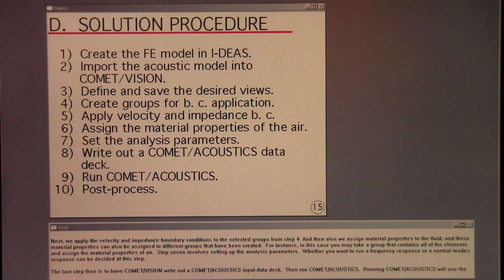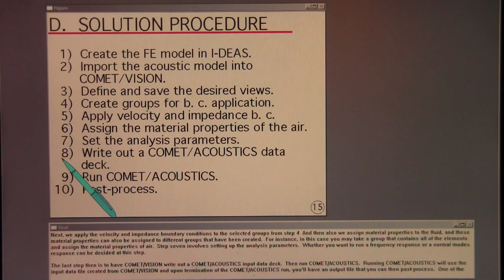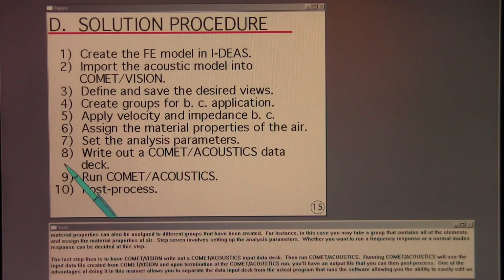The last step then is to have COMET Vision write out a COMET Acoustics input data deck, then run COMET Acoustics. Running COMET Acoustics will use the input data file created from COMET Vision, and upon termination of the run, you will have an output file that you can then post-process.